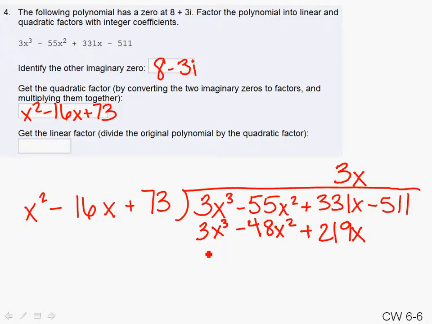219x. Okay, if we subtract those from the terms above them, we have negative 55 minus a negative 48, which is like saying plus, so that would be negative 7x squared. 331x minus 219x would be 112x.